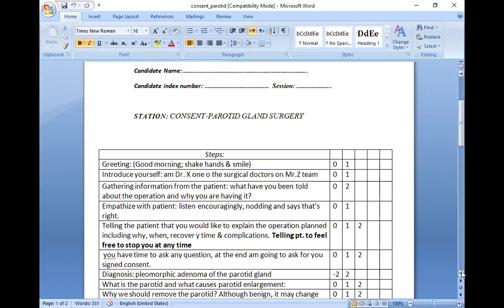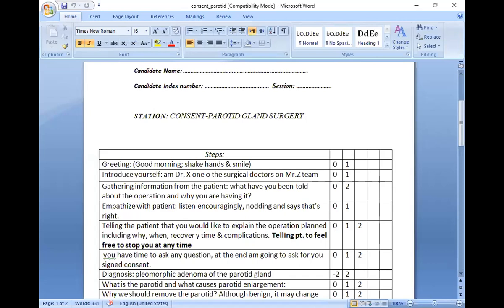If the patient is telling you and you are not listening to him, you are not attending to him. Nodding and saying that is right. You have to reassure the patient, say this is right, this is wrong, no, this is not wrong.